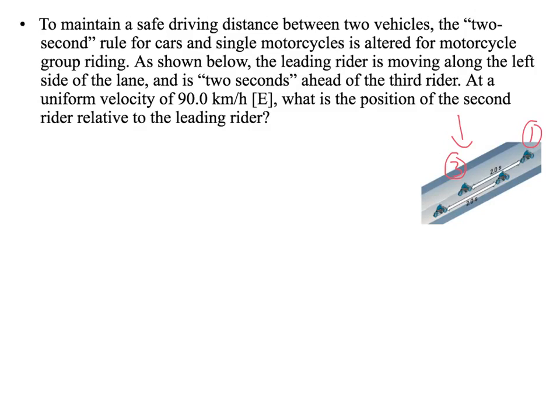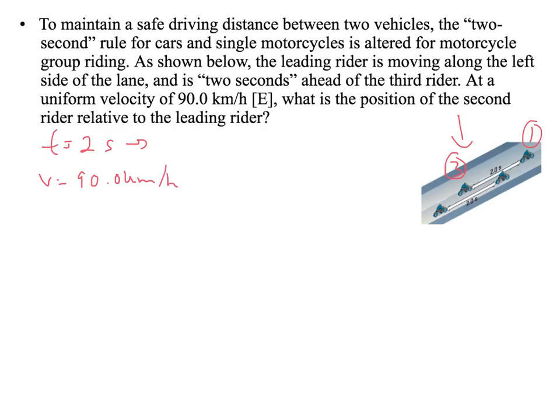So let's write down what we have first. So we know time is 2 seconds. Okay, we were told that. We know that the velocity is 90.0 kilometers per hour. So now it doesn't dictate what kind of units we need to use. So let's just say, let's put this into hours.